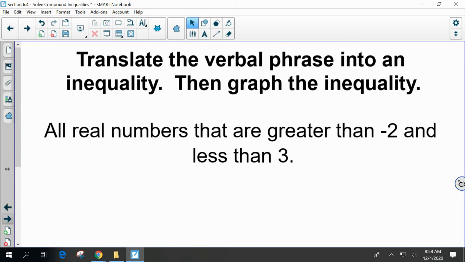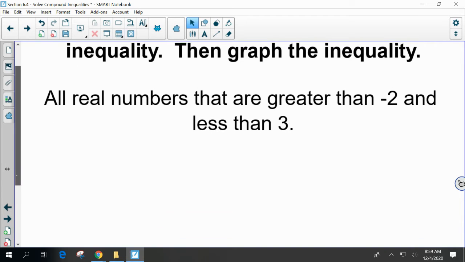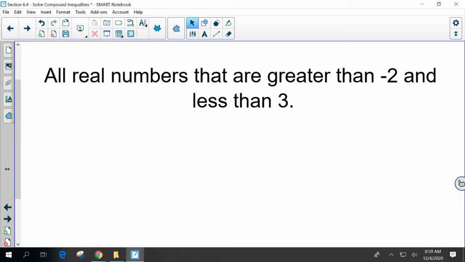So we are going to translate the verbal phrase into an inequality and then graph it. And this isn't always everybody's favorite thing to do. Okay, so all real numbers that are greater than -2. So I'm going to use x, and it says greater than -2, and less than 3. So again, x less than 3.